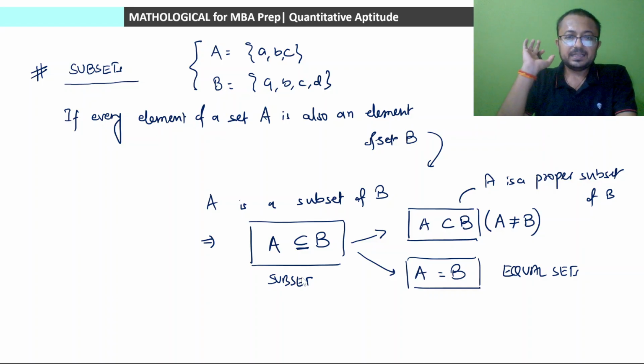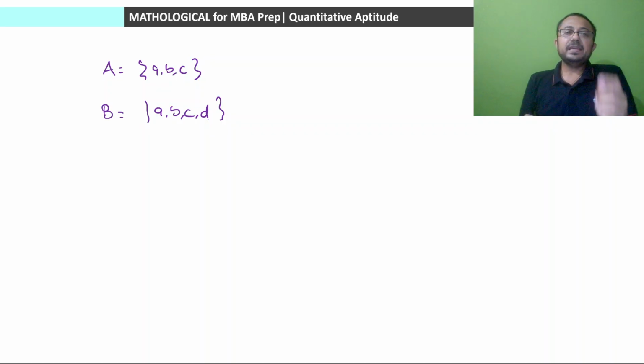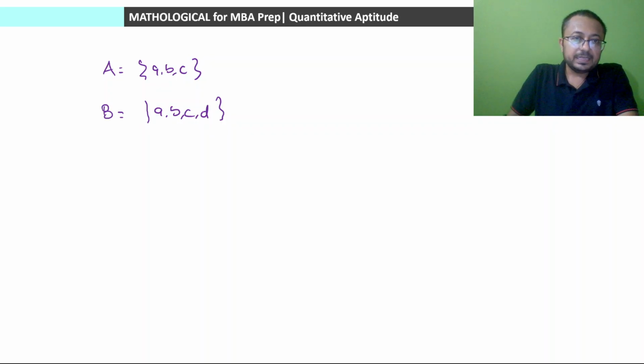ओके, एग्जाम्पल ले लेते हैं, एग्जाम्पल से समझ लेते हैं. Let us say A has 3 elements a, b, and c, and B has 4 elements a, b, c, and d. In such a case, B has at least one element, देखो d is an element which is not in A. ठीक है?